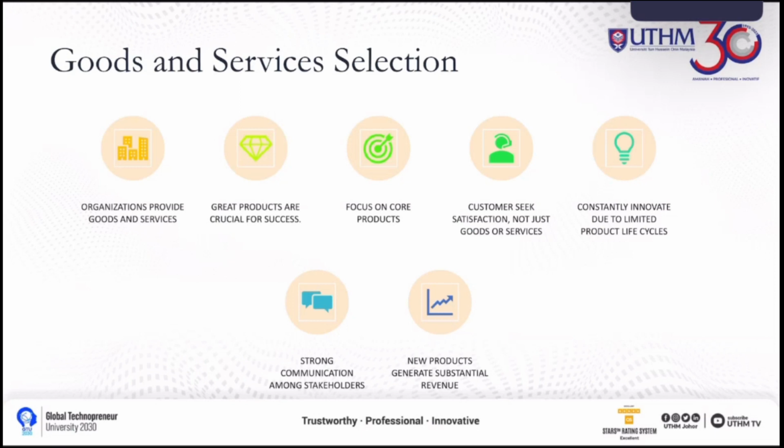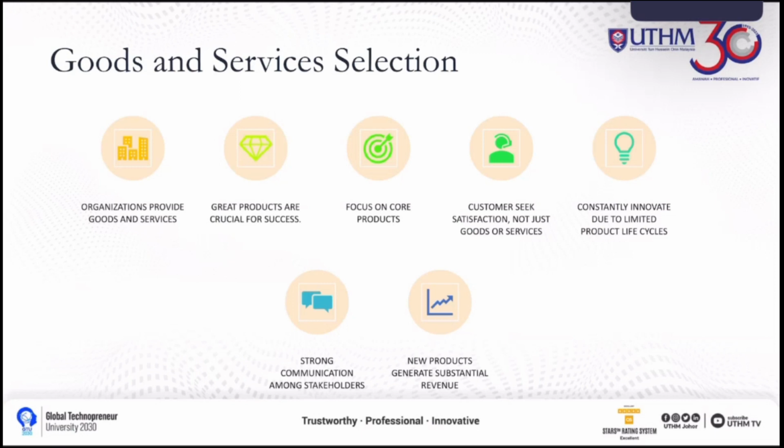Their product is basically beverages. There is a lot of diversity in their beverage products, but their core product is actually the Coca-Cola beverage itself, Diet Coke, and Coca-Cola Zero Sugar. Of course, they have other types of beverages in their company. This means that you need to focus on certain core products which will enable the product to excel and maintain your business in the competitive age.